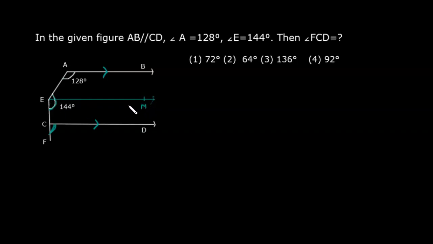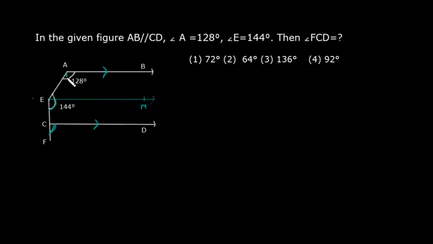Let us suppose that EM is a line through E parallel to AB. If EM is parallel to AB, then it is also parallel to CD because AB is parallel to CD. So EM is parallel to both AB as well as CD. Now EM is parallel to AB, then A is just like a transversal.